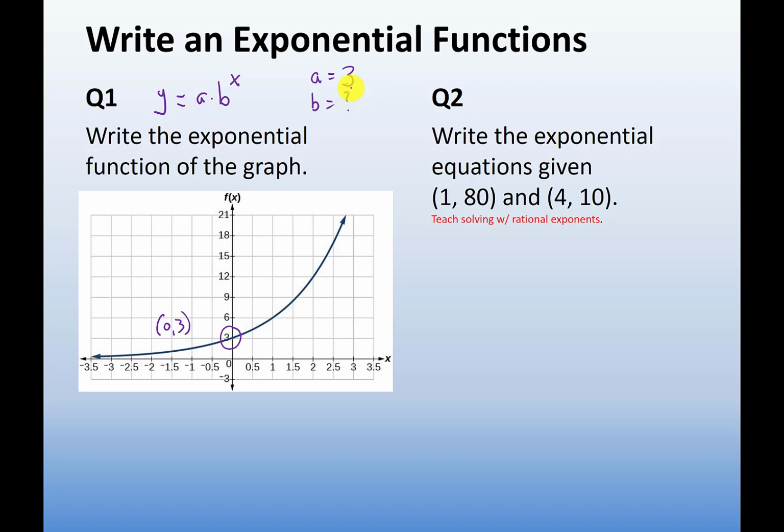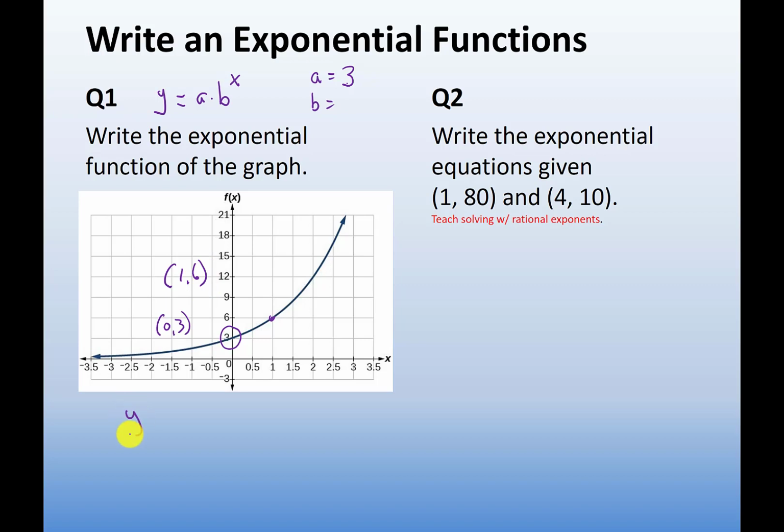Now, there's a standard algebra way and an intuitive way. But we need b. And since I don't know what b is, I'm going to leave it blank. We could plug in a point, and we just so happen to have an easy point here. We have the point (1, 6).